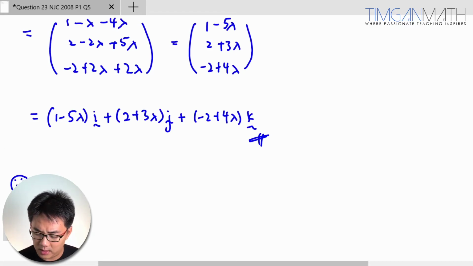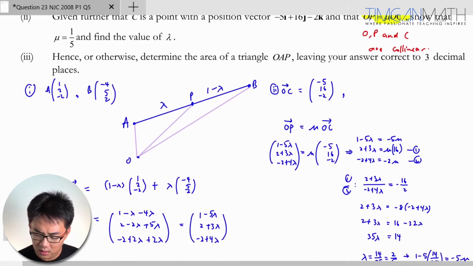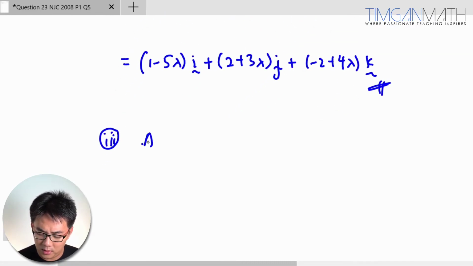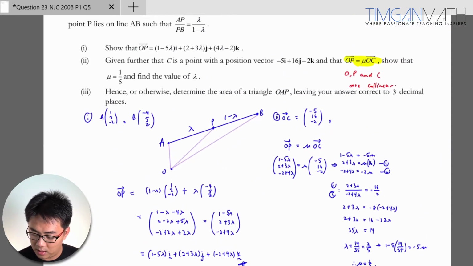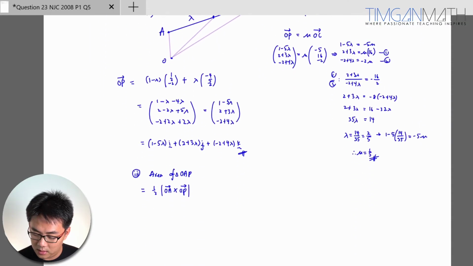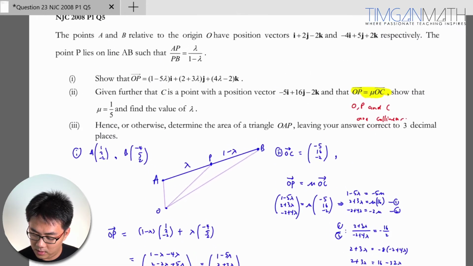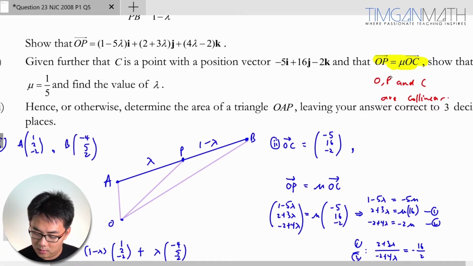But anyway, because I think it has to do with something with the collinear, you're just gonna use area of OAP is equal to half OA cross OP. That's about it. So just use your calculator. OP is mu OC.